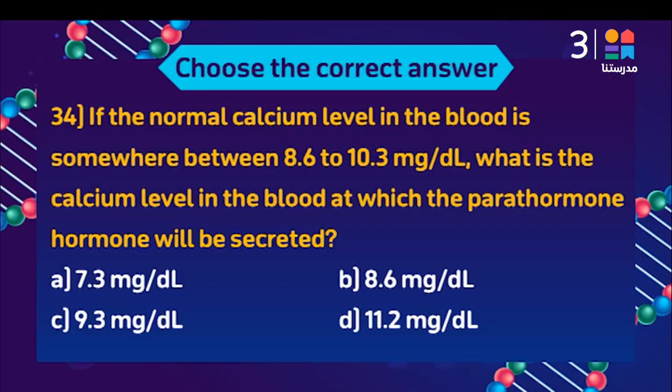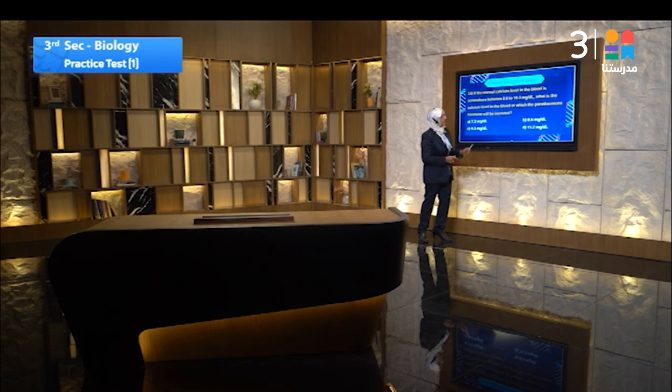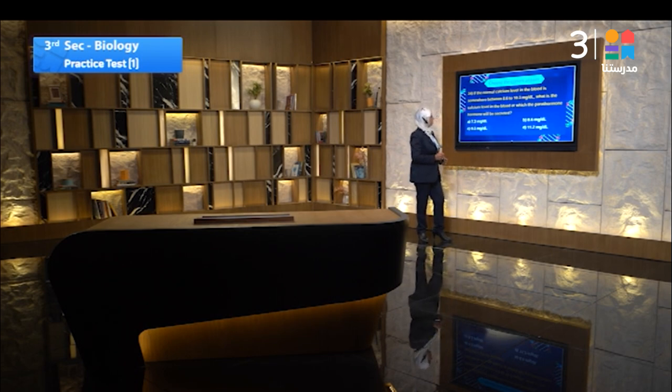If the normal calcium level in the blood is somewhere between 8.6 and 10.3 milligram per liter, what is the calcium level in the blood at which the parathormone hormone will be secreted? The parathormone will be secreted when the calcium level is decreased.